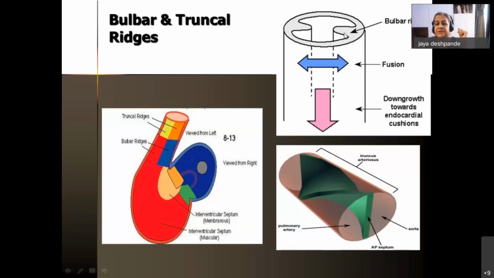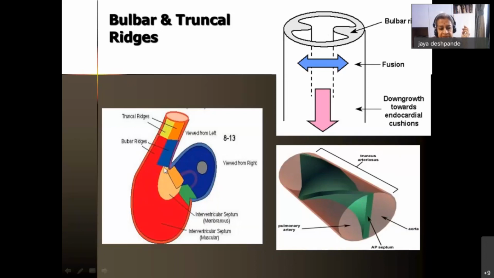Now the bulbar ridges come together like this, and they grow downwards towards the endocardial cushions. In the meantime, the truncal ridges or cushions are also fusing, but they fuse in a spiral manner, and therefore the pulmonary artery and the aorta are twisted around each other. So this fusion, this aortopulmonary septum, is nothing but fusion of the truncal ridges in a twisted manner.